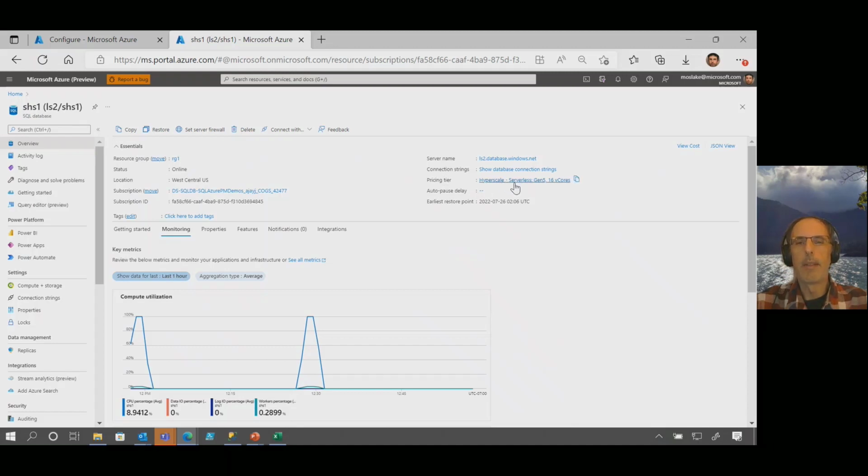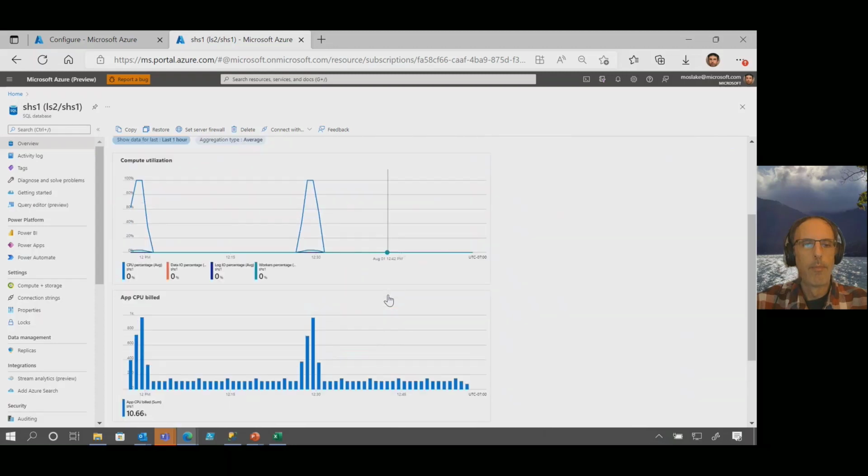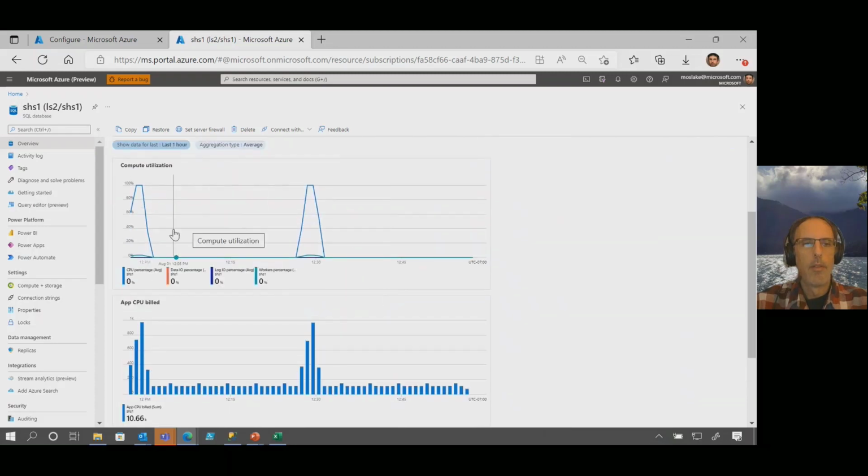You can see this database is configured with serverless in the hyperscale tier with a max vcore of 16. And you can see on the chart below that its compute usage over the last hour has about 2 bursting usage periods, each of which corresponds to increases in the amount of compute that's billed.